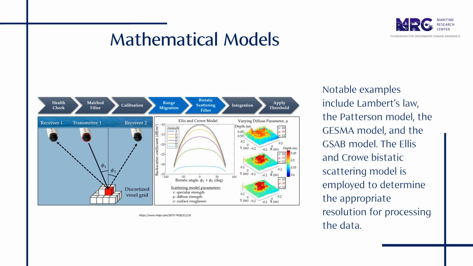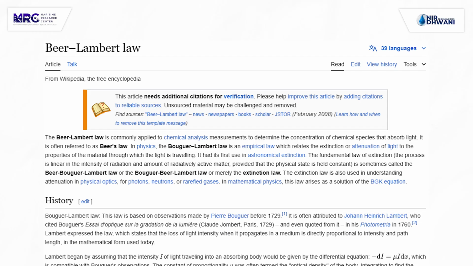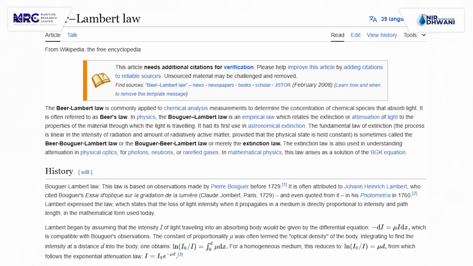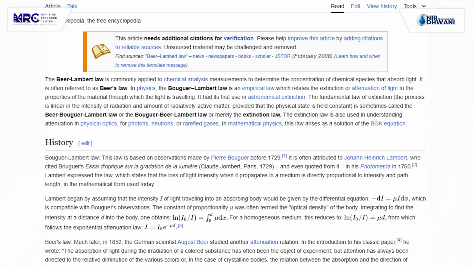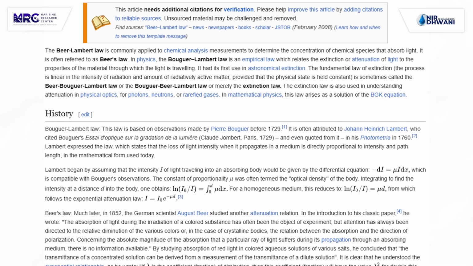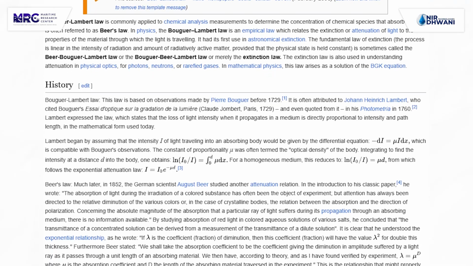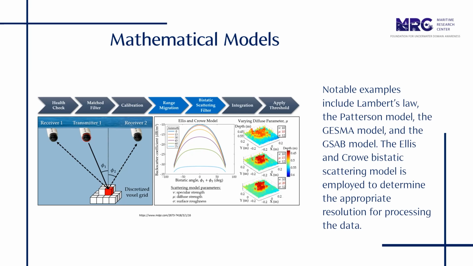For remote sensing sediment classification, many studies have utilized Lambert's law, the Patterson model, the DESMA model, or the GSAB model, which compare the backscatter data directly to the physical properties of sediments. The Ellis and Crowe parametric scattering model also determines the appropriate data processing resolution.